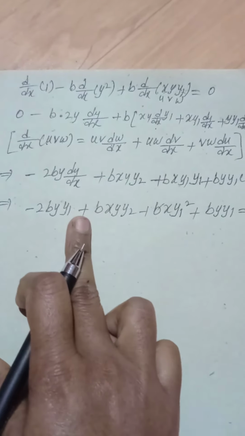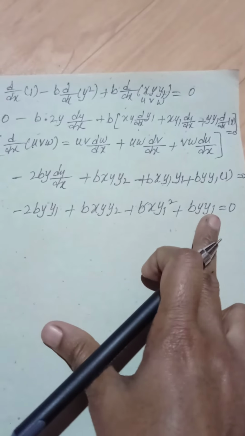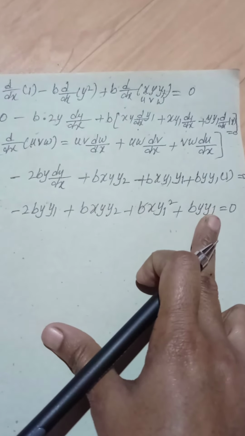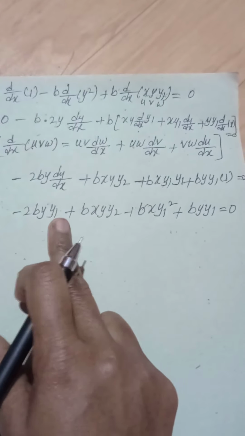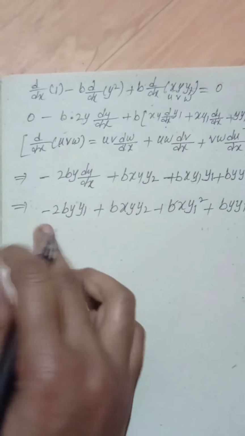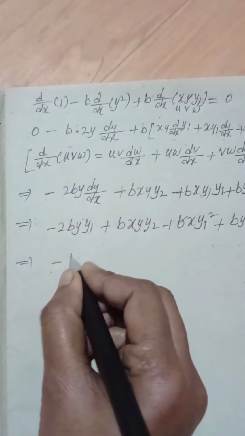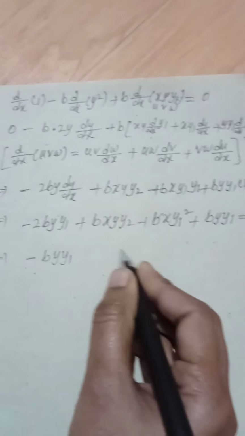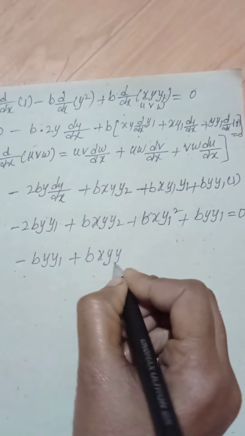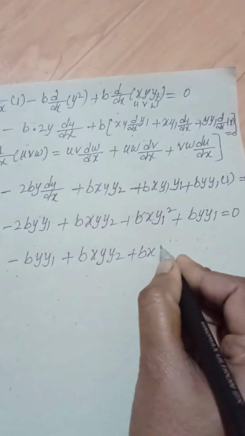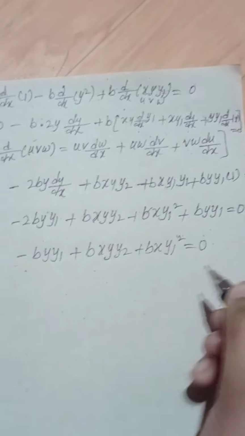Minus 2b y y1 and b y y1, both are similar terms, so subtract minus 2by y1 from by y1, then we get minus by y1. Next bx y2 plus bx y1 square equal to 0.